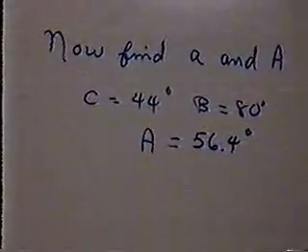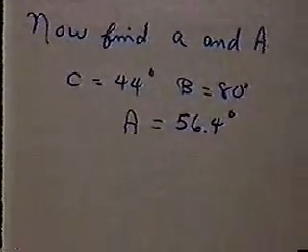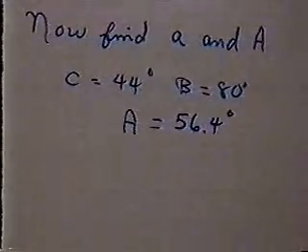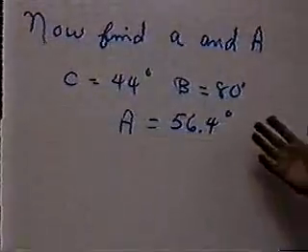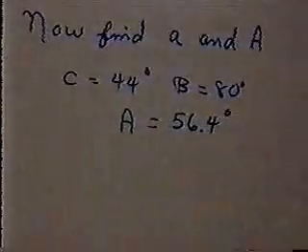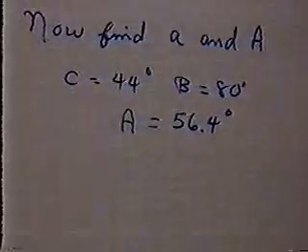Okay, or just 56 if we were not rounding off. All right, so once we find one of the angles, then we have two of them, subtract from 180 to find little a.